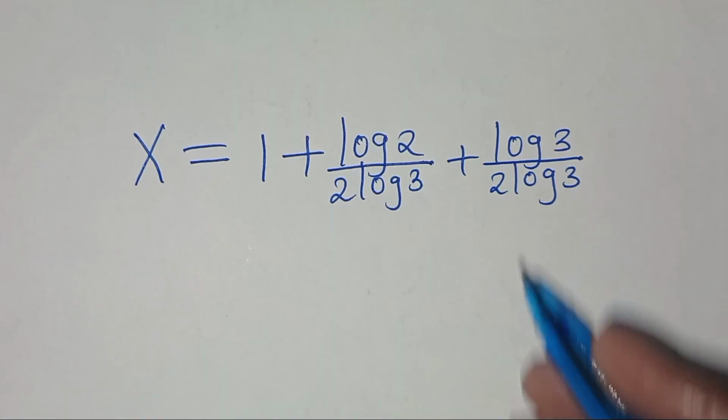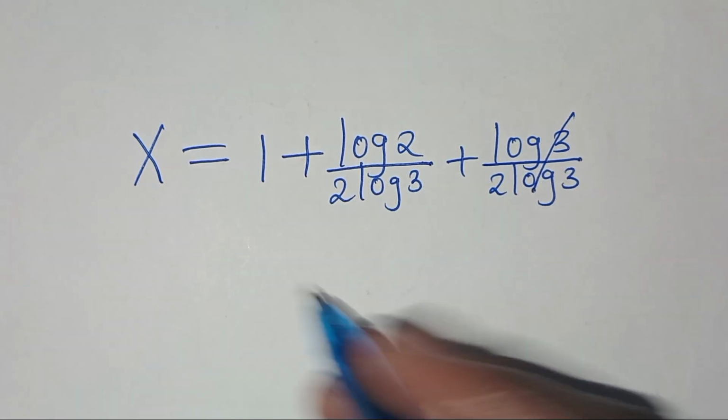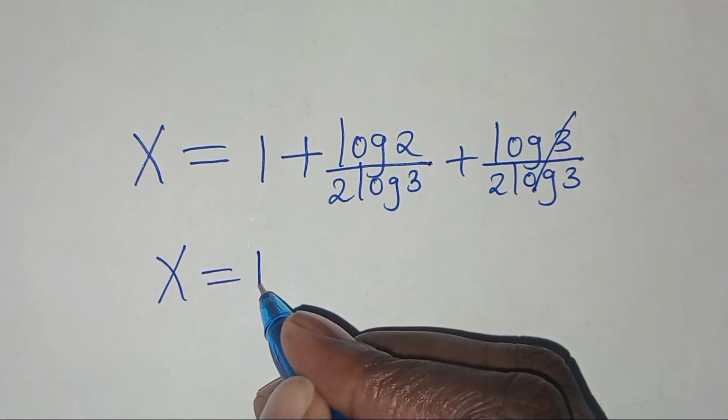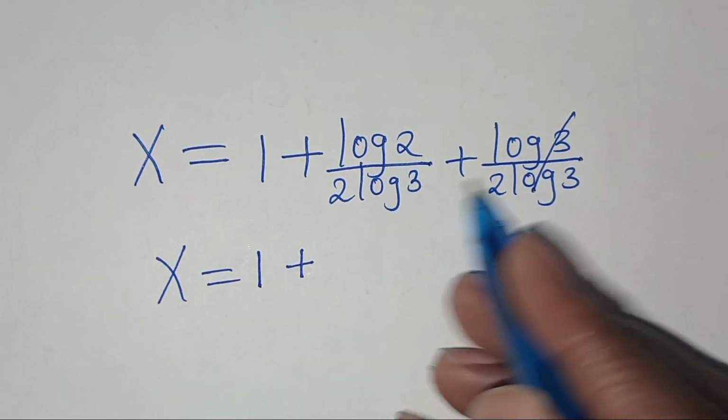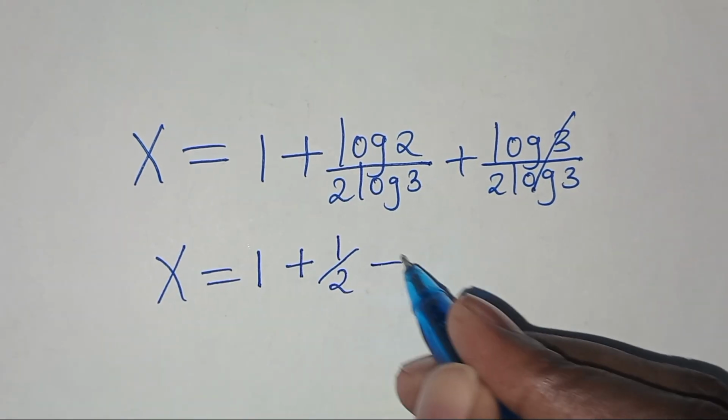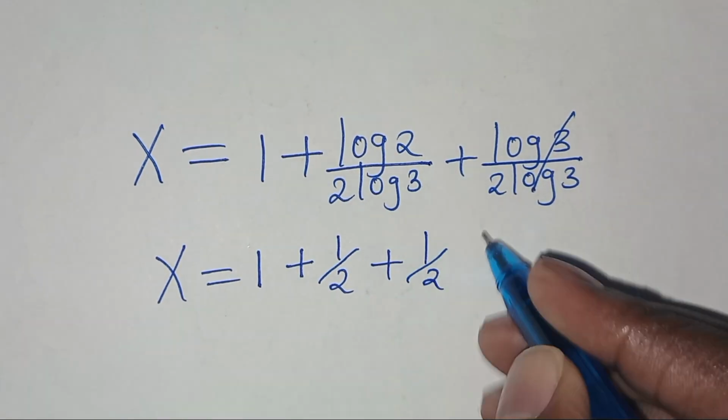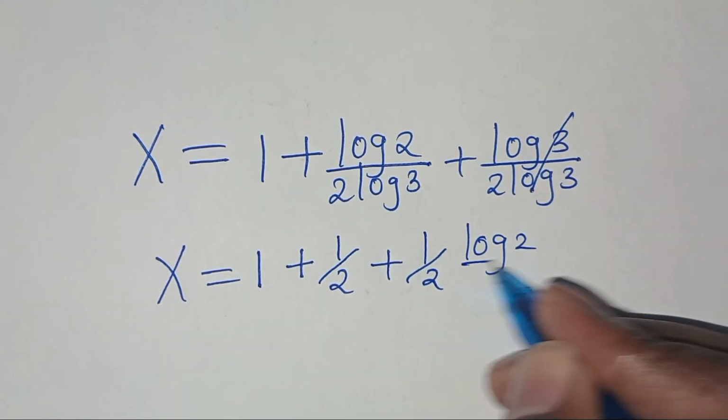So now let's simplify here log 3 and log 3, so that now x will be equal to 1 plus half, plus log 2 divided by log 3.